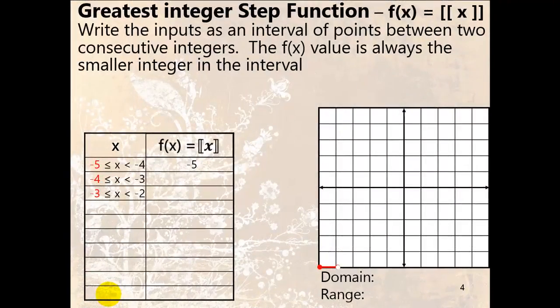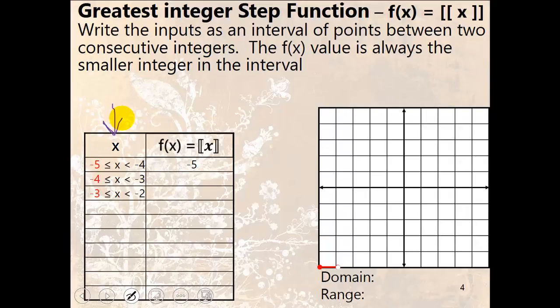So here's what we're going to do. If we're looking to graph a step function, you're going to write your inputs as intervals between integers. Okay, so notice that I just randomly picked because my graph starts at -5. I went -5 is less than or equal to x is less than -4. So any of those values, if I were to plug in like -4.25, -4.5, they would all round down to -5.